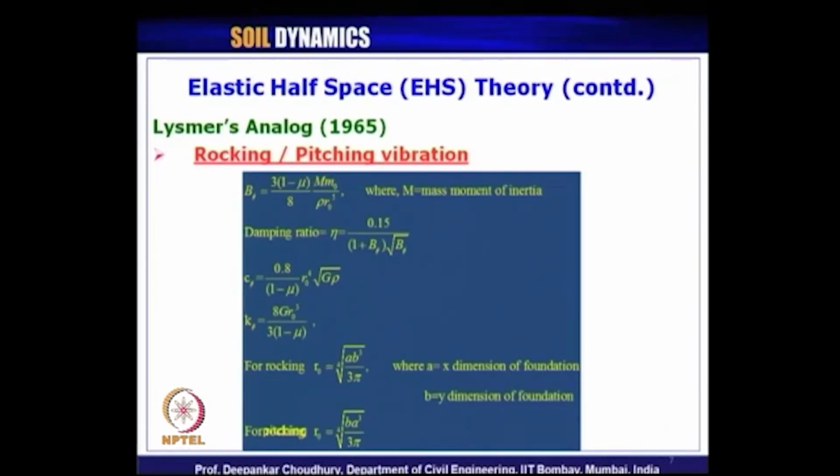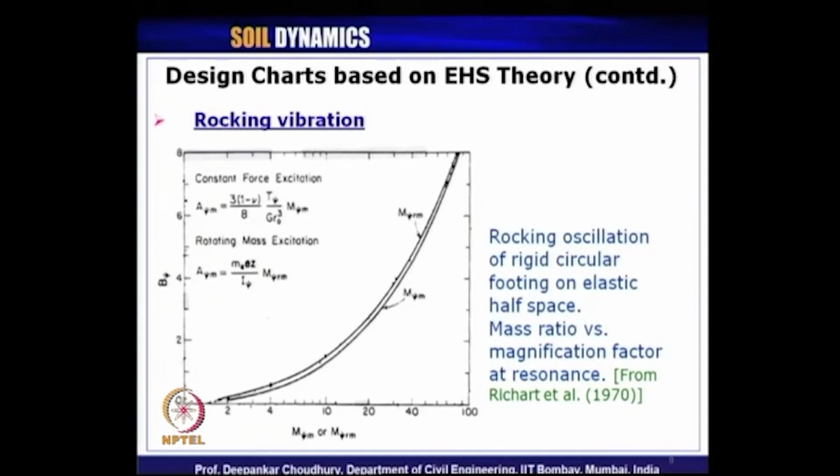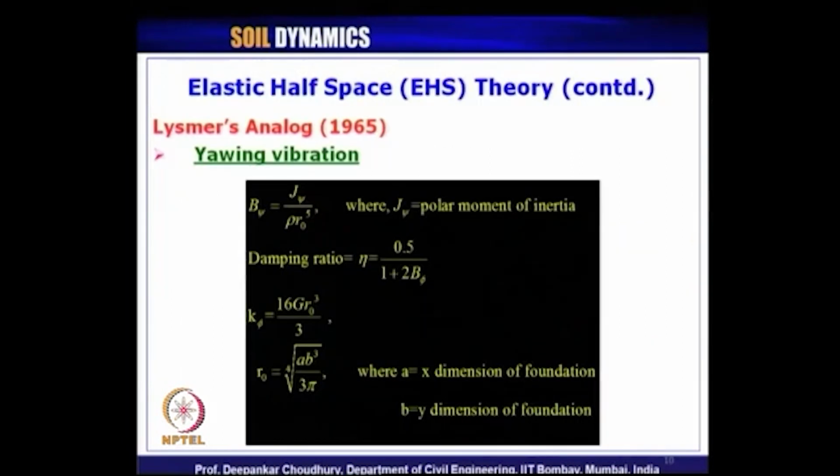Also for rocking or pitching mode of vibration, we have seen the expressions for modified mass ratio, damping ratio and so on. Then the design charts to find out the frequency at resonance, and also to compute the displacement magnitude at resonance.